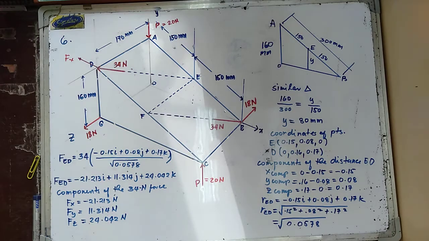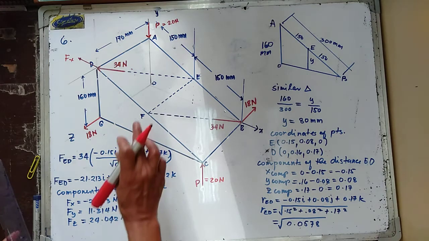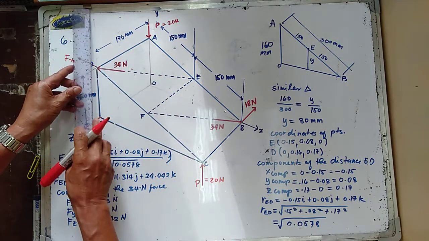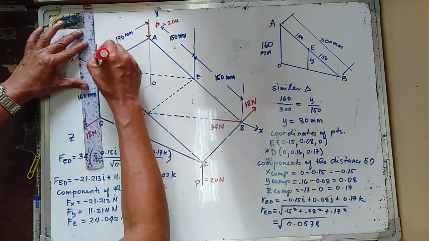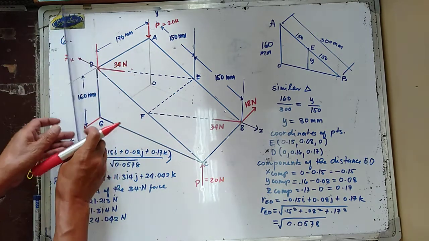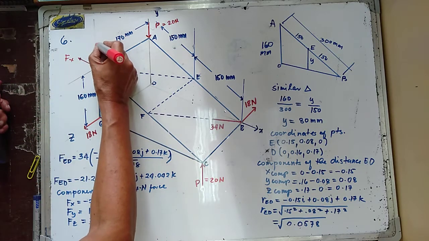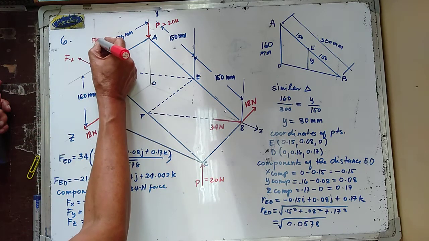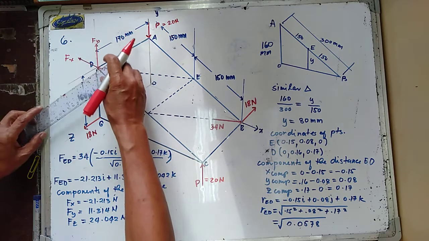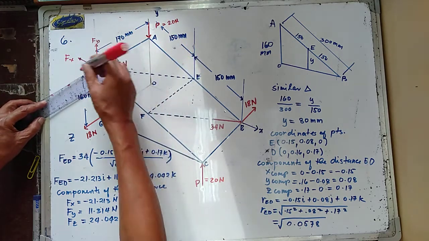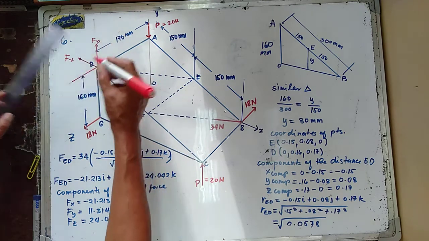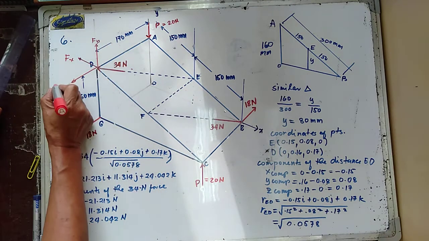And then parallel to the y-axis, that is vertical, this is your Fy. Parallel to the z-axis is your Fz.